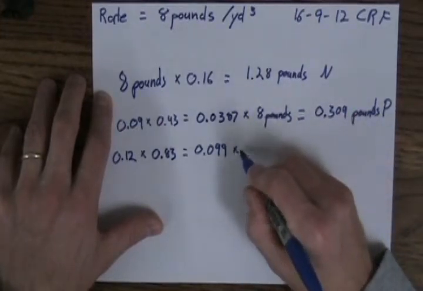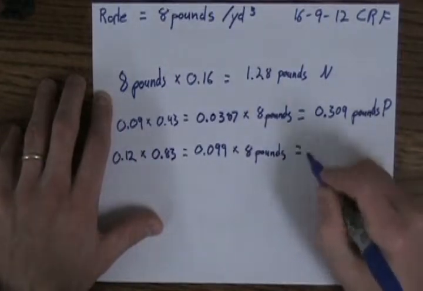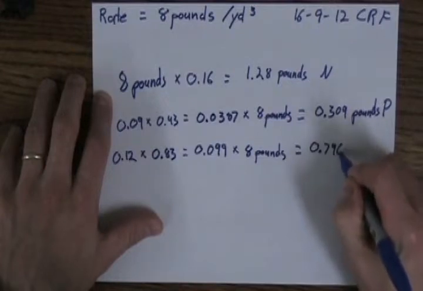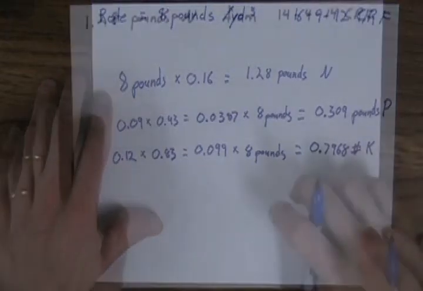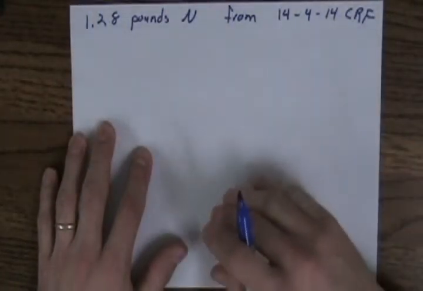So we want to multiply that by 8 pounds of the product, and that will give us 0.7968 pounds of K.